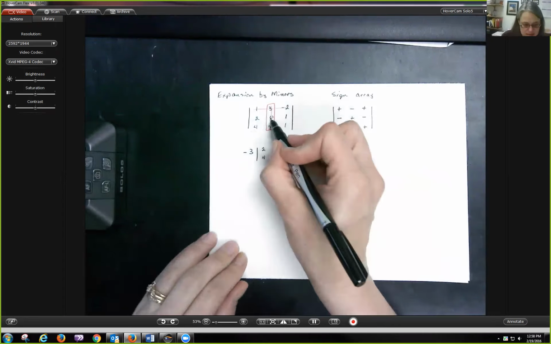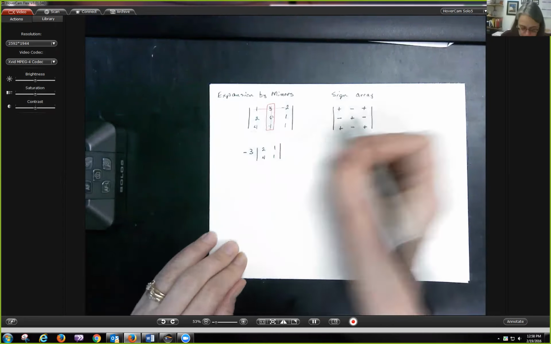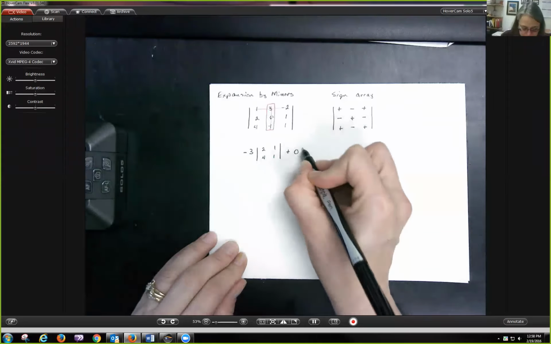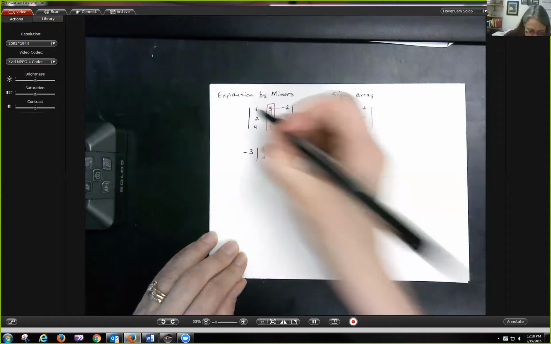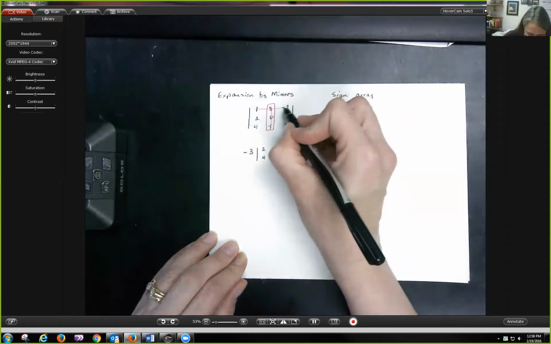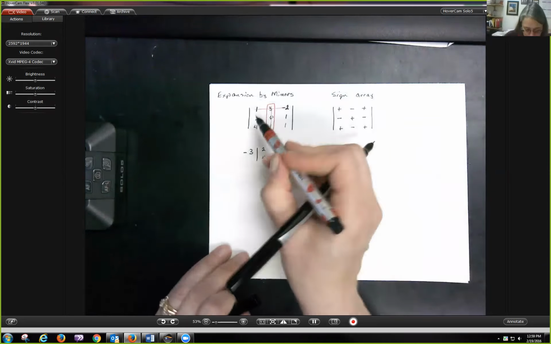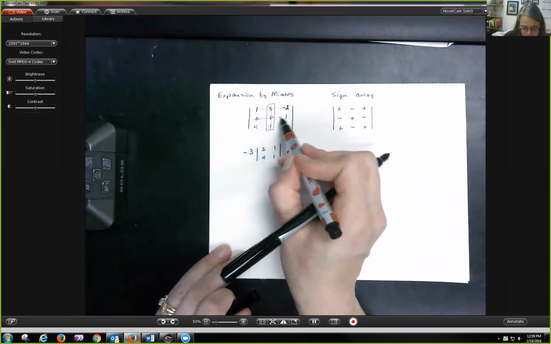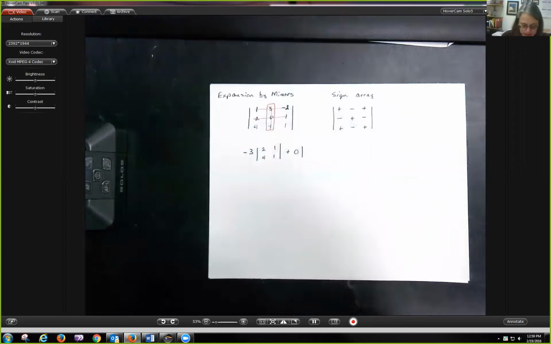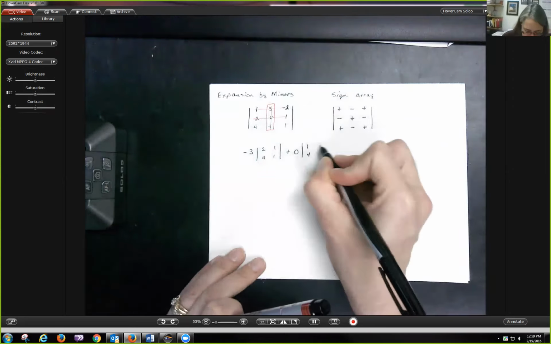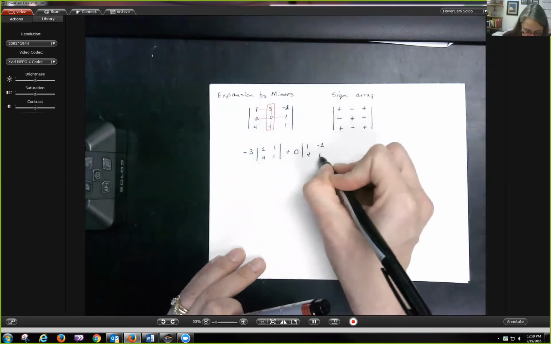So in this case, it's going to be a 0, and it's going to be positive. So plus 0 times. Now if I put back my 1 and my -2 and cross out lightly my 2 and my 0, I'm left with 1, 4, -2, 1.